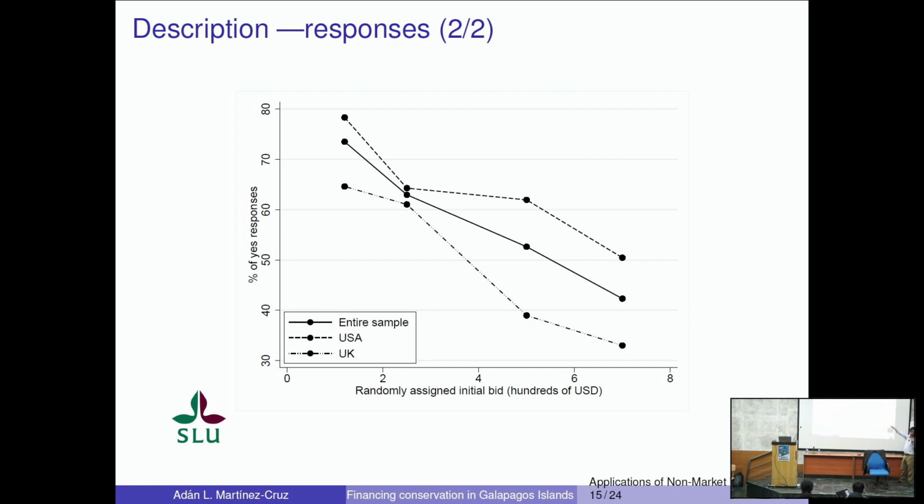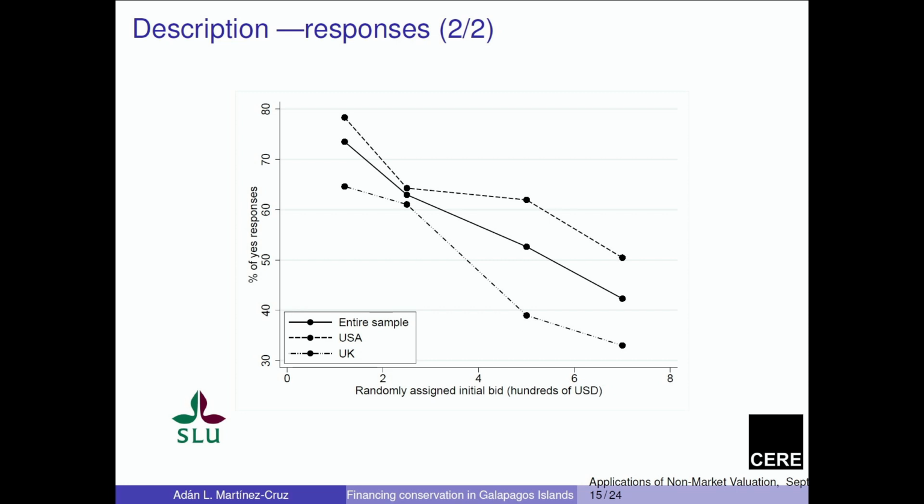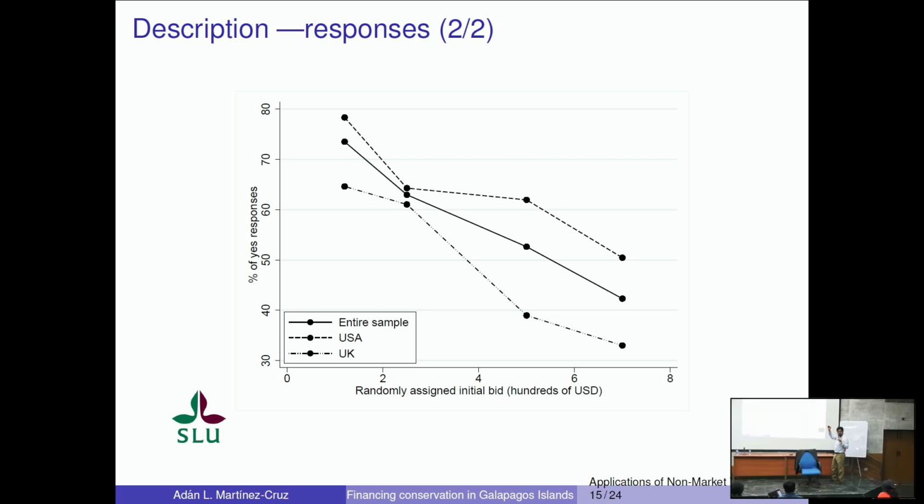We were able to present bids where the percentage of people saying yes decreases monotonically. The people answering yes to 150 are 72. The people answering yes to 150 are 61. And then we go to 52, 42.